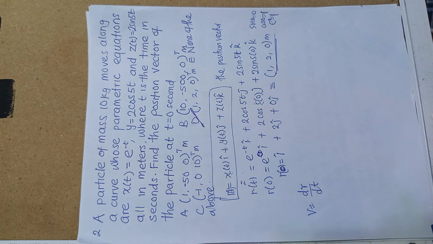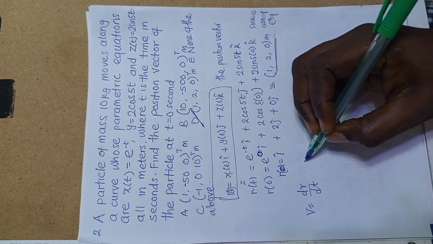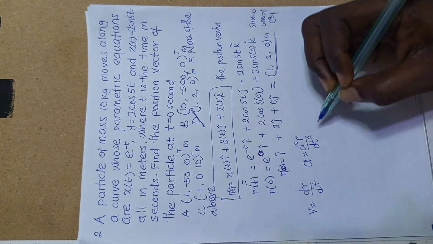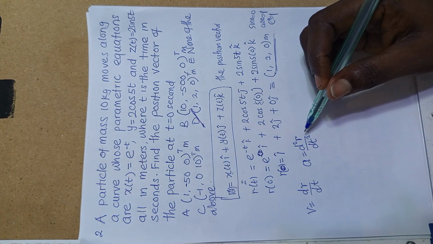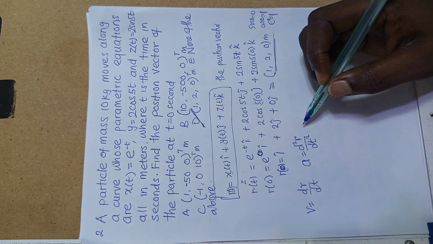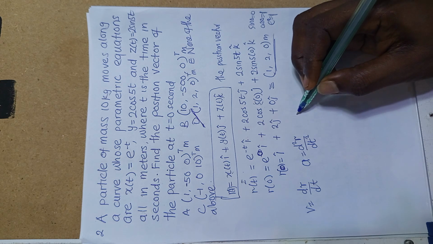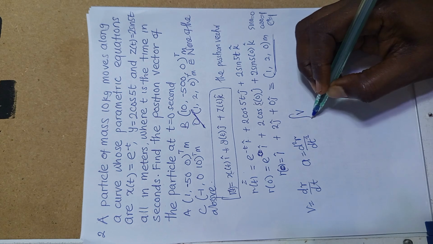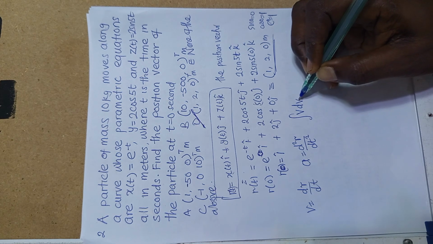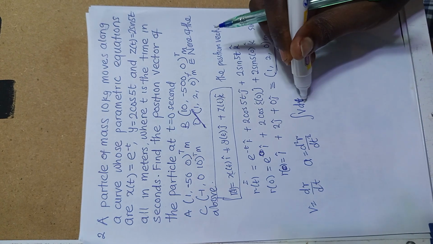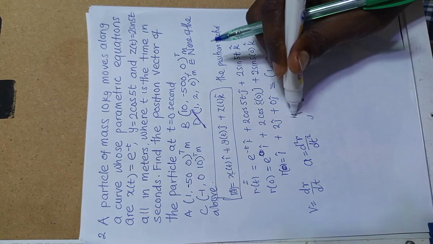So it is always a very easy question. It's only when they now ask you for velocity. This is your velocity, then acceleration is equal to d square r over dt square. That is your acceleration. So that means acceleration is the second derivative of the position vector. Don't forget that if you integrate velocity, what I mean is this.